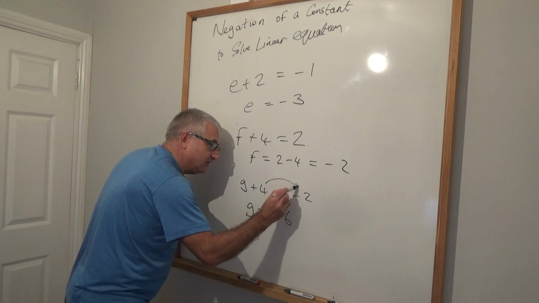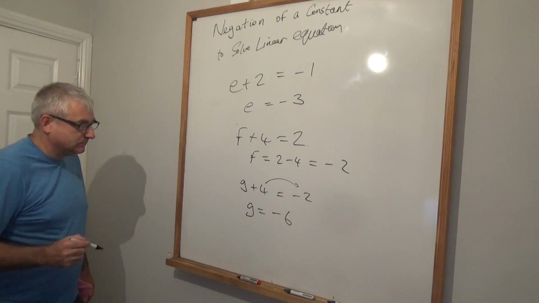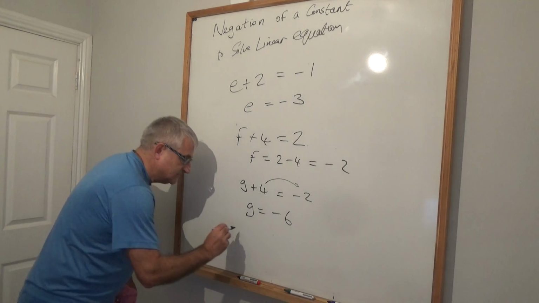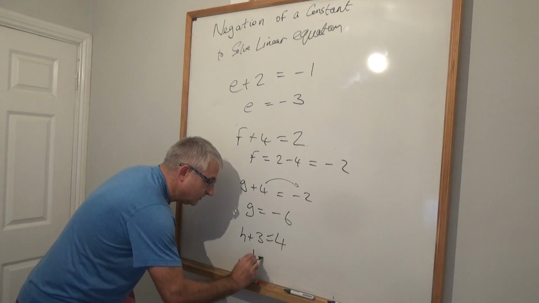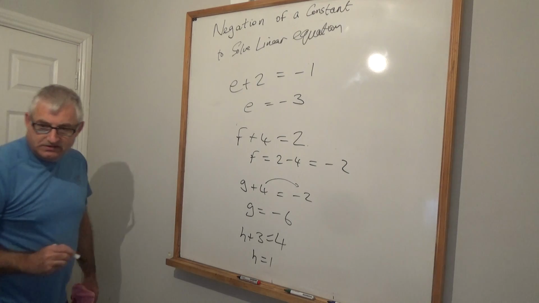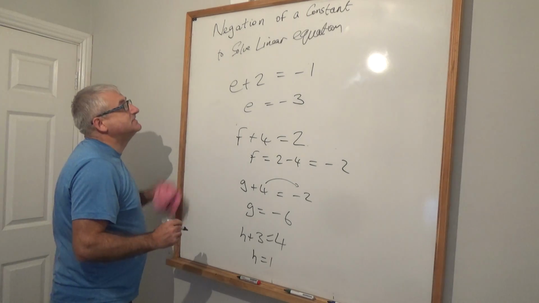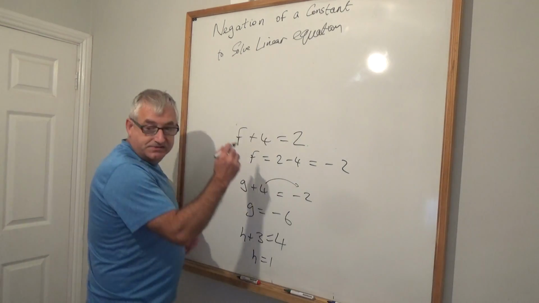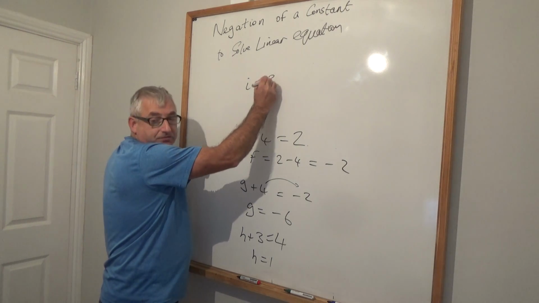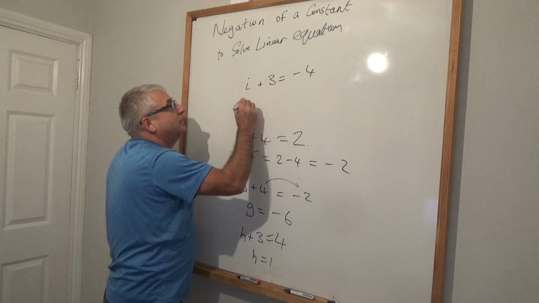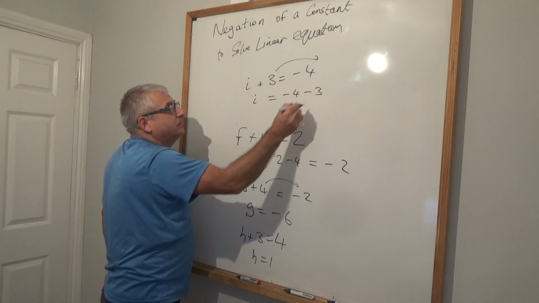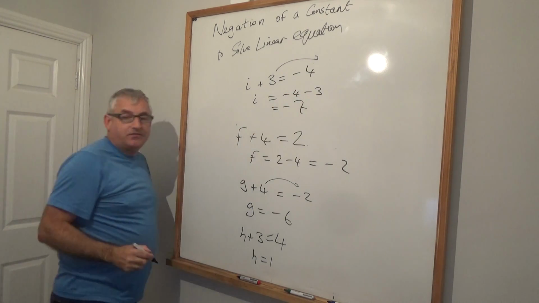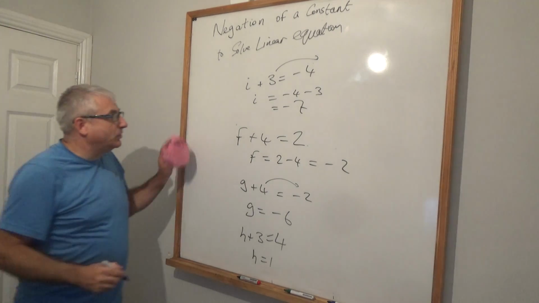That would be negating the 4. h plus 3 equals 4, h equals 1. i plus 3 equals negative 4. Over it goes, equals negative 7. We go to part 2.